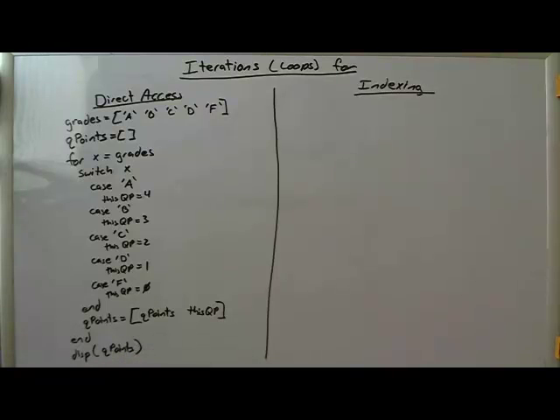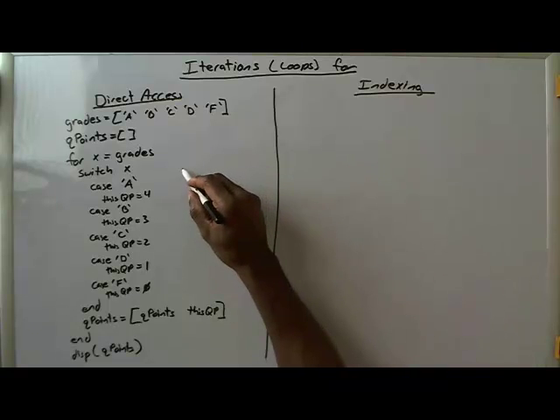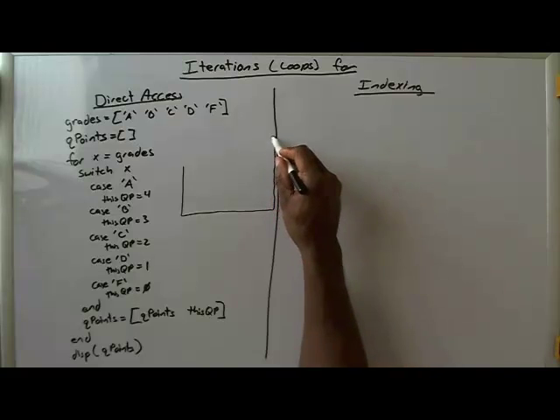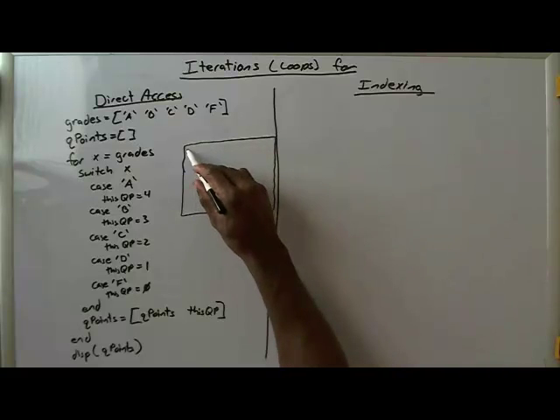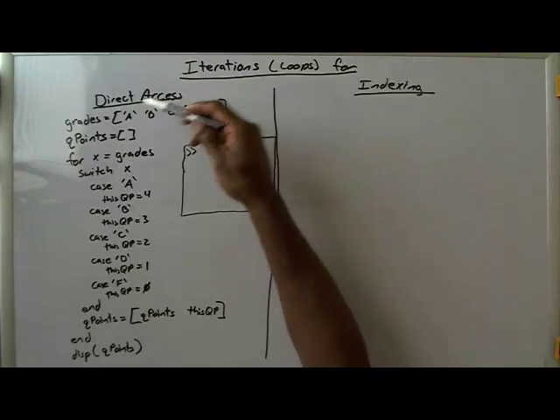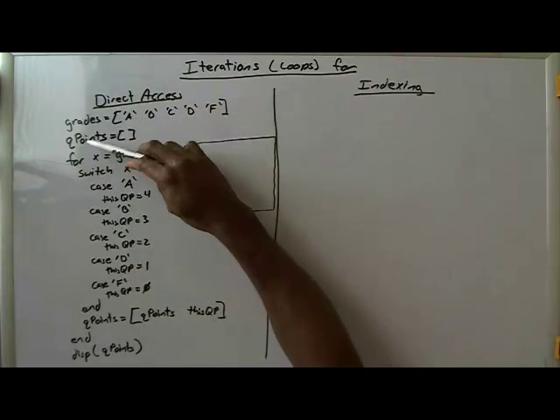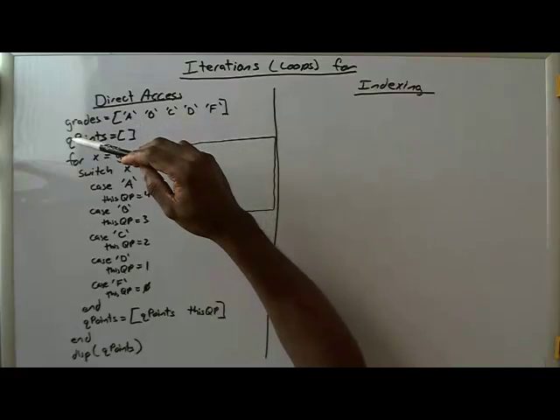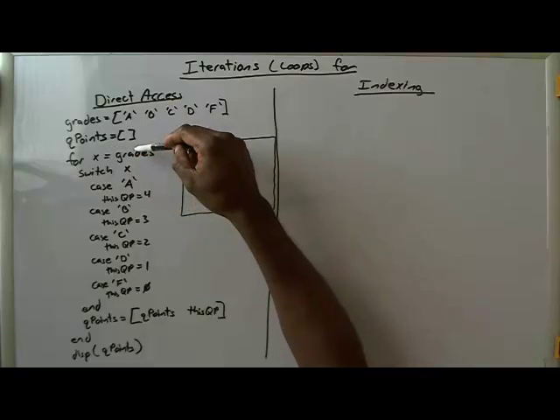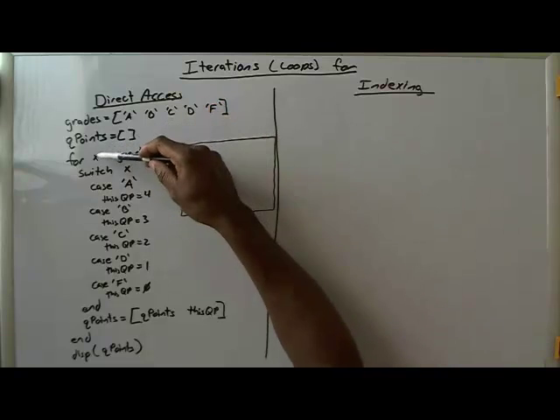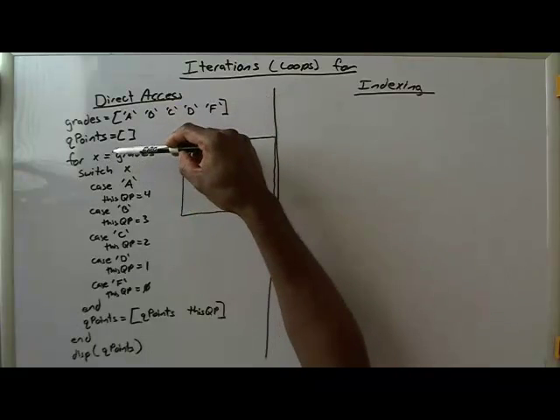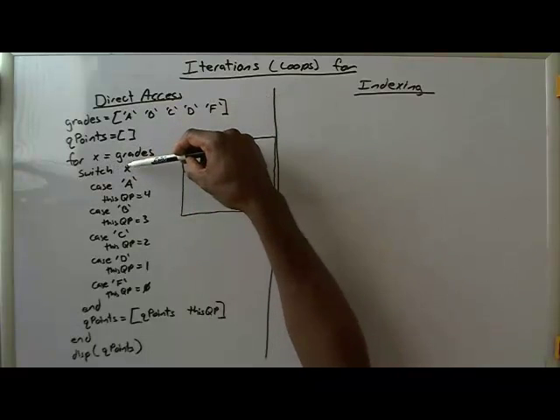Okay? Alright, so here, since I ran out of space down low, I'll put my simulated command window over here. And so here we go. So grades equals this vector. Q points starts off being empty. And so for x equals grades, x is going to be each successive value in the vector grades. So the first time through, x is going to be A. I switch on x.